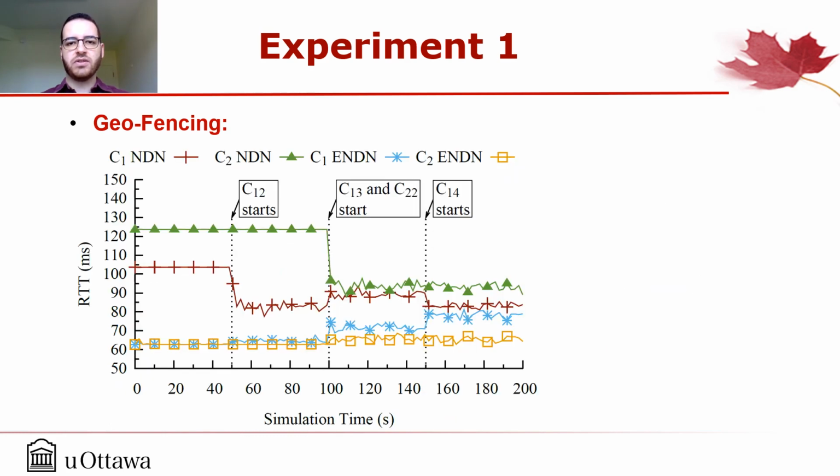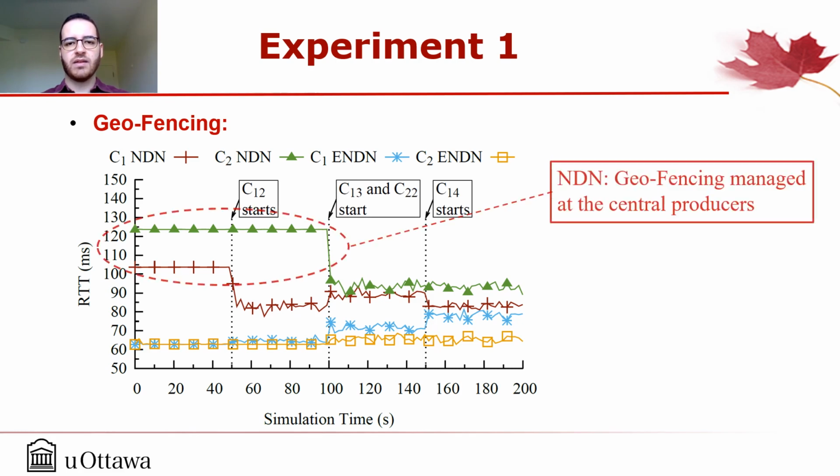These are the results of the first experiment, where we measured the average RTT of content retrieval per consumer region, for both NDN and ENDN. New consumers in every region start requesting data every 50 seconds, which increases their traffic progressively during the experiment. In NDN, geofencing is done at the level of the application, which means in the central producers.